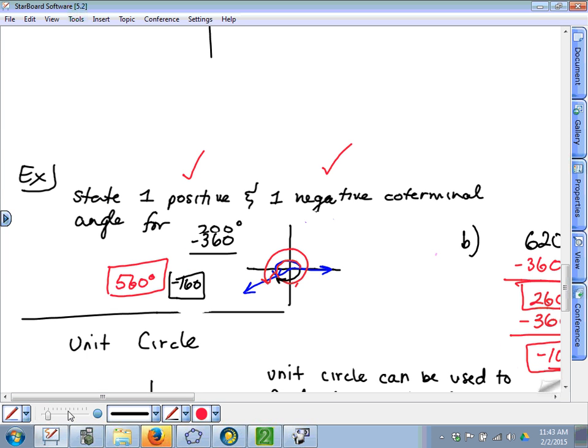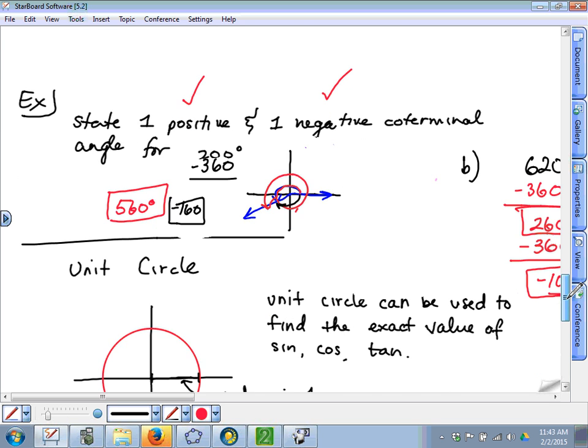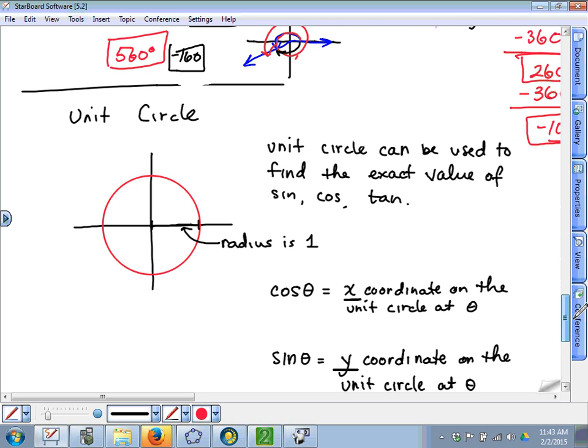Okay, we've got to move on to our last topic. The unit circle. Okay. So, draw.